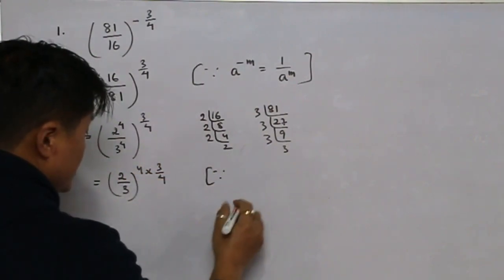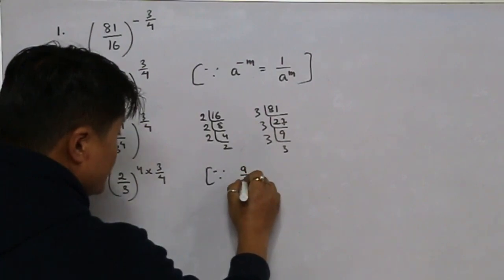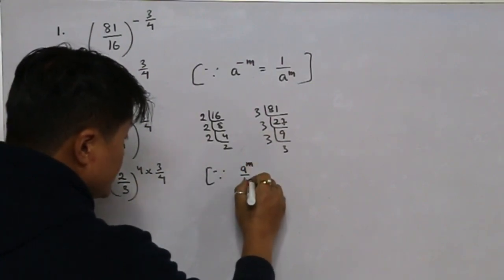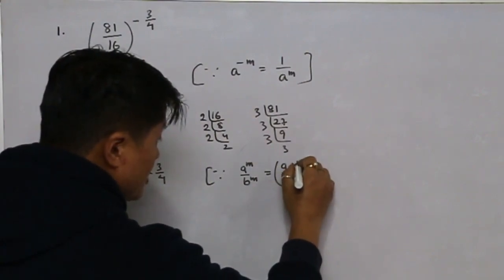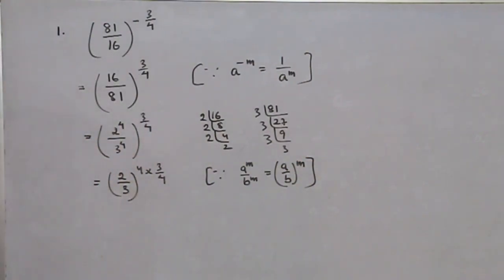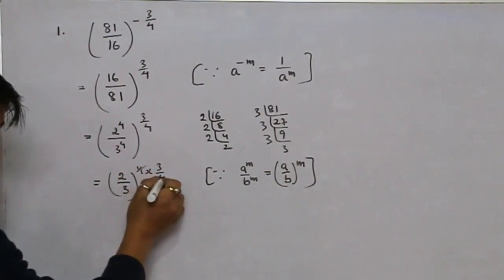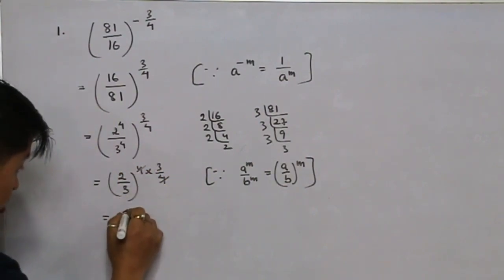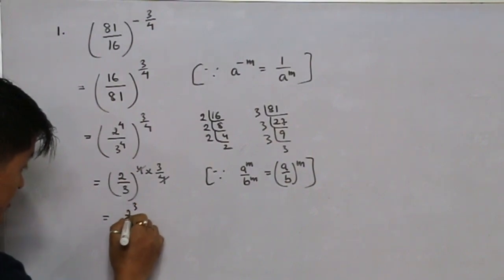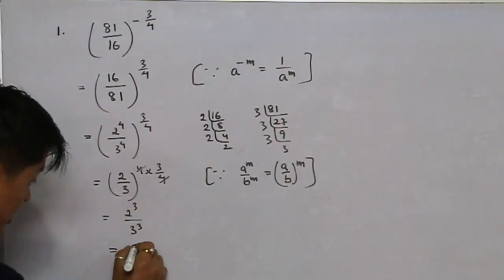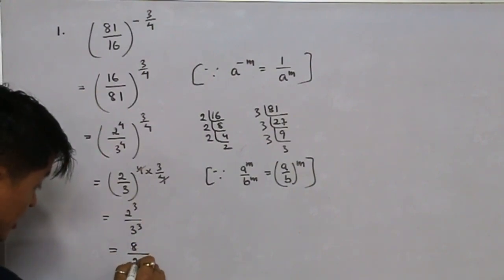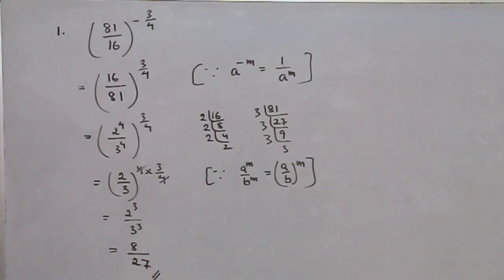Since we have done just earlier that a to the power m divided by b to the power m can be written as a by b whole to the power m. Clear? So this 4 will get cancelled, then we will get 2 to the power 3 divided by 3 to the power 3, which is 8 by 27.